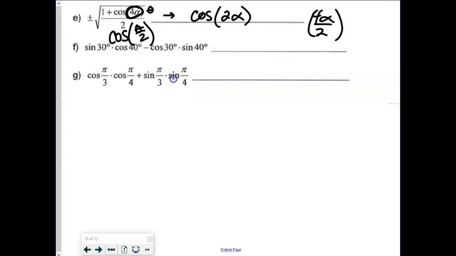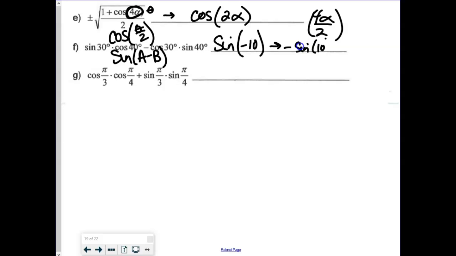Oh, that's from Friday. Sine, cosine, minus cosine, sine. Sine of A minus B. Yep, this is sine of A minus B. Oh, this one's fun. A minus B in that particular order would be negative 10. However, there's a little note on my key that this is actually negative sine 10, which is what they wanted me to simplify it to.